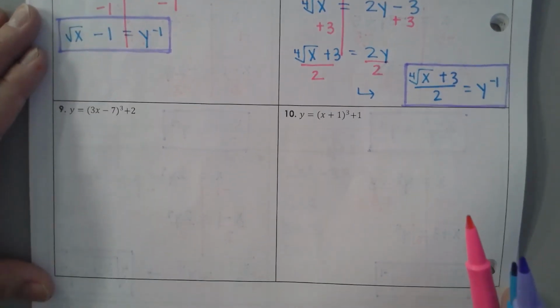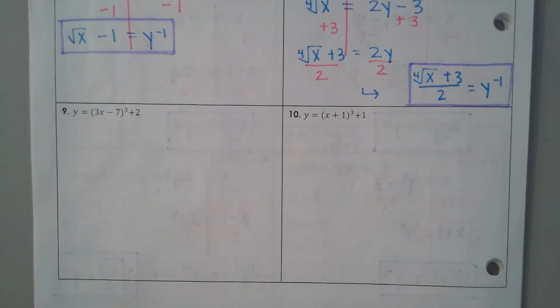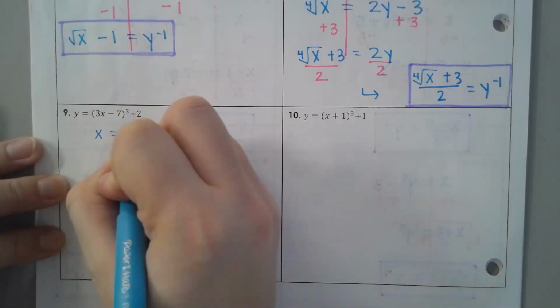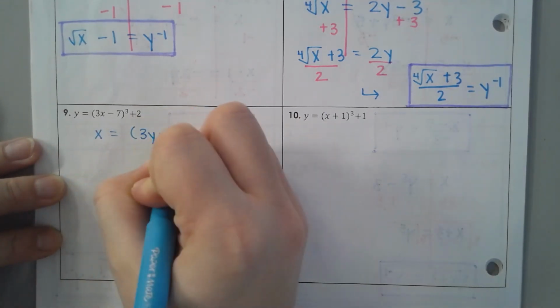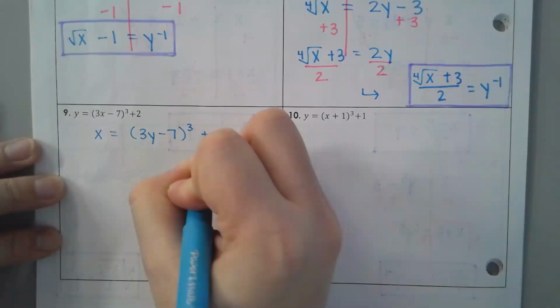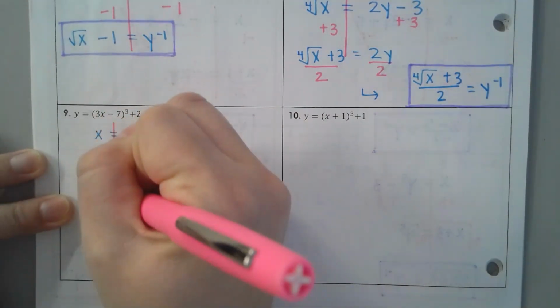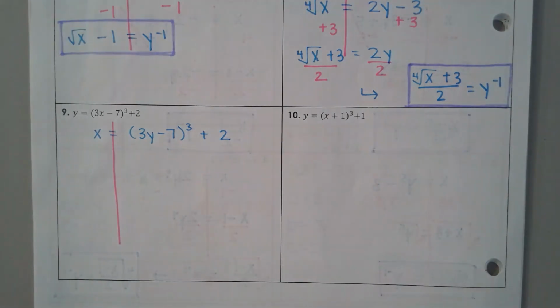Got 2 more. Switch your x and y. Now this one's a little different because we have a plus 2 that's on the outside.